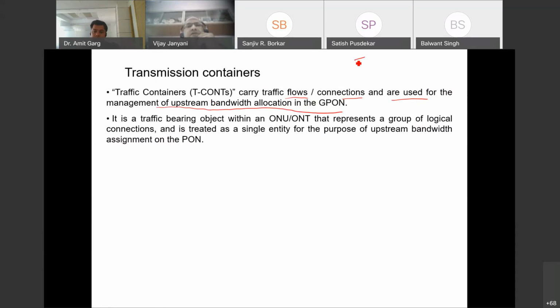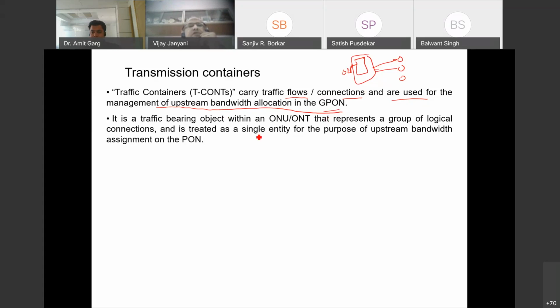Because you know that there is an OLT in the GPON, and then you have ONUs on this side. The OLT acts as a master, and it controls all the bandwidth allocation and everything, the time slot given to each, or maybe dynamic bandwidth allocation. So T-CONTs, or traffic containers, are used in the GPON protocol.